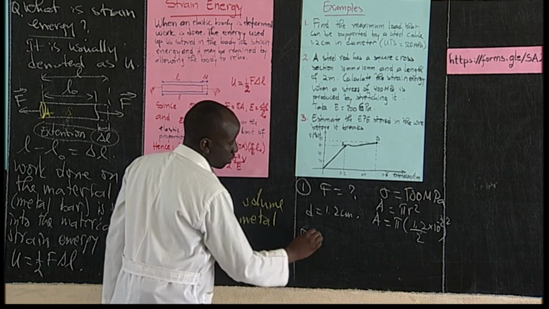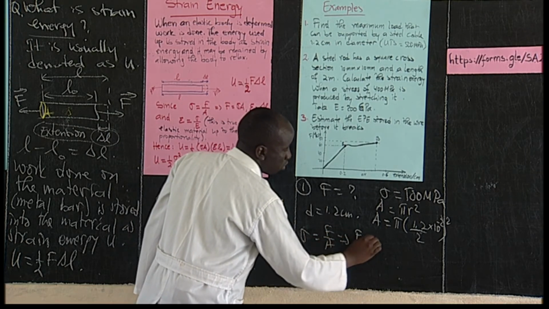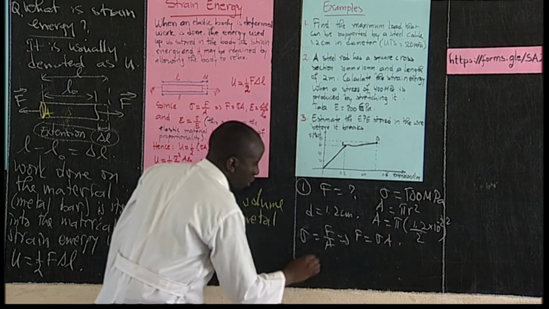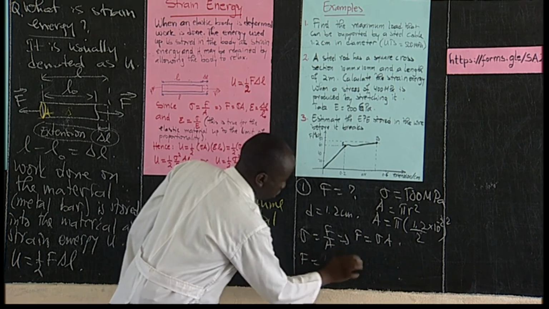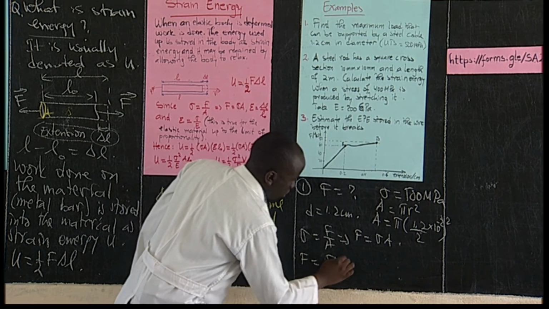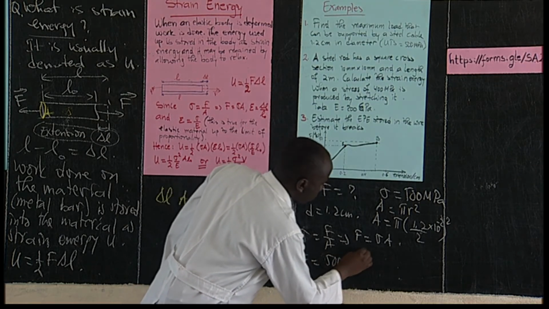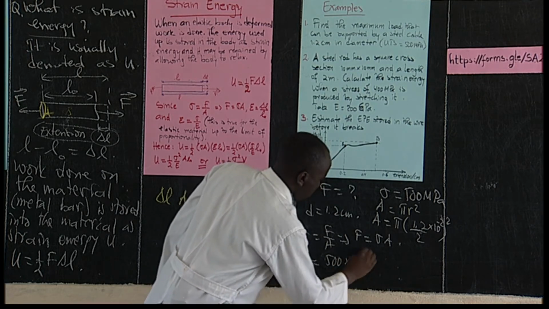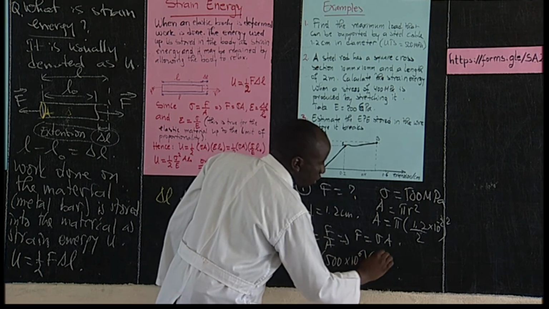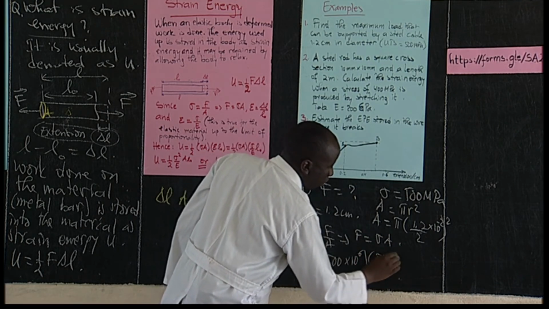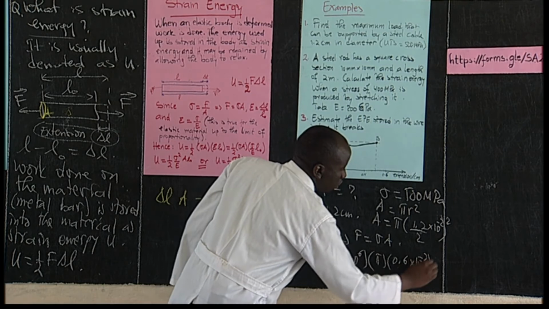From the stress, we have F over area, and this gives F equals sigma times A. Then F can be determined from this: 500 times 10 to the power 6, times the area, that is pi times (0.6 times 10 to the power minus 2) squared.